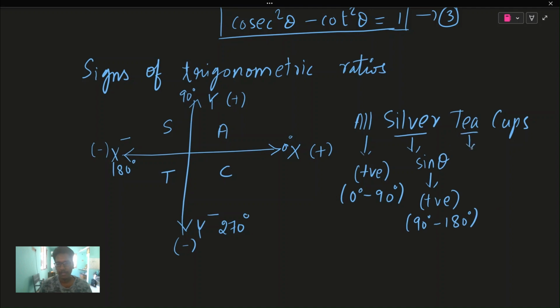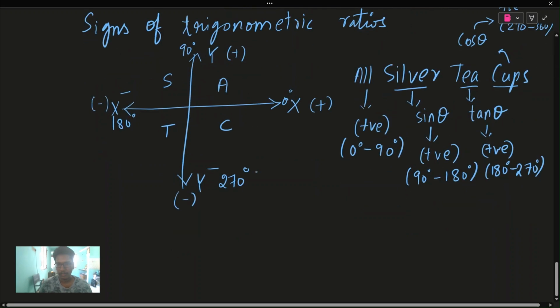T refers to tan theta, which would be positive in the range of 180 degree to 270 degree. And Cups denotes cos theta, which would be positive in 270 to 360 degree.